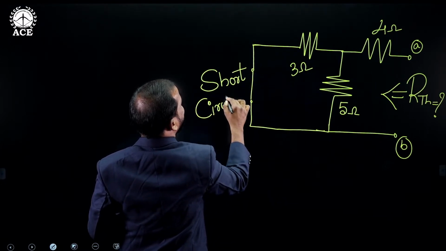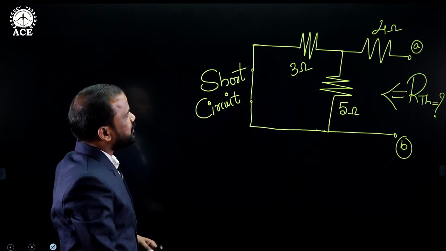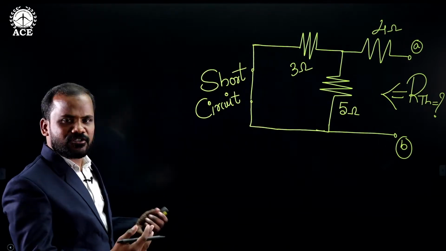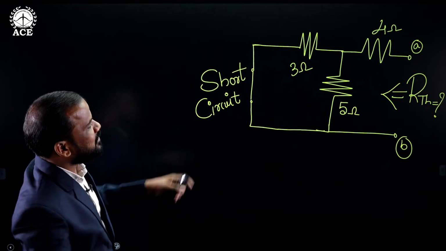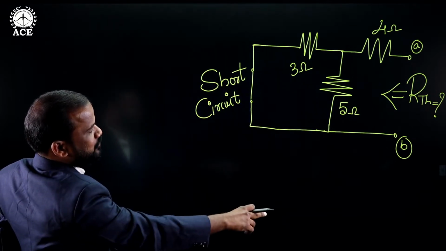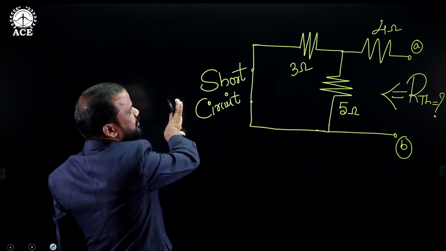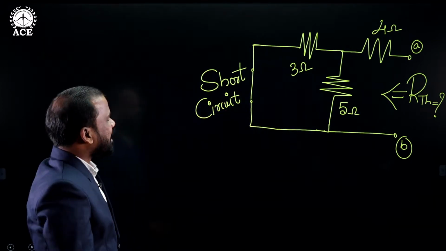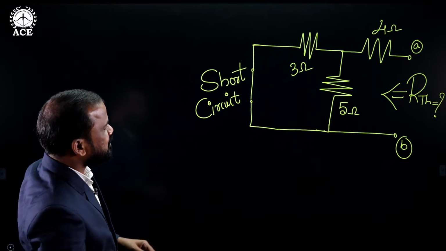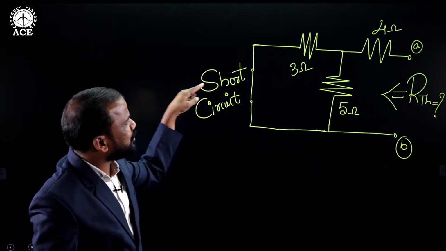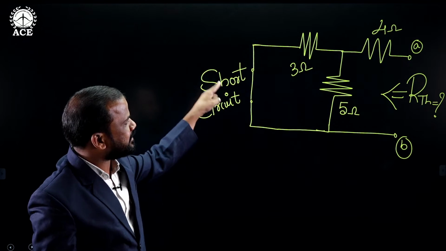Now observe the given network. We do not have any voltage sources. We do not have any current sources. So the terminals are on the right side. For getting the value of Thevenin resistance, you need to start reducing from the left side. While reducing, you need to observe that 3 ohms and 5 ohms are connected in parallel.